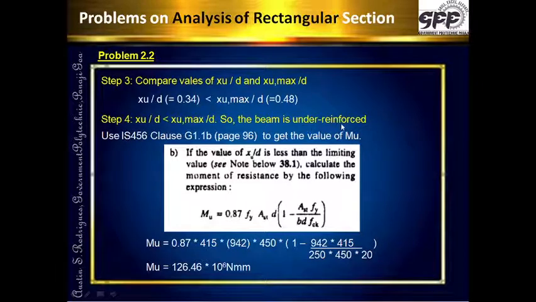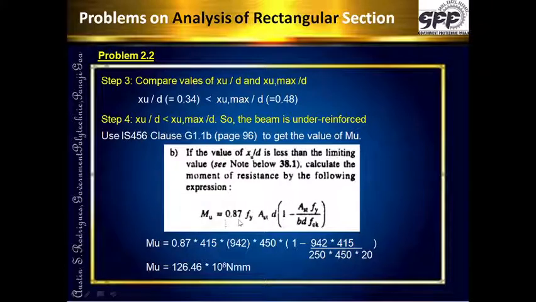Now based on this, if it is under reinforced, how do we calculate the value of moment of resistance? In IS 456 clause G-1.1(b), page 96, we get the value of Mu as, if the value of Xu/d is less than the limiting value, calculate the moment of resistance by the following formula. So that's the formula given.